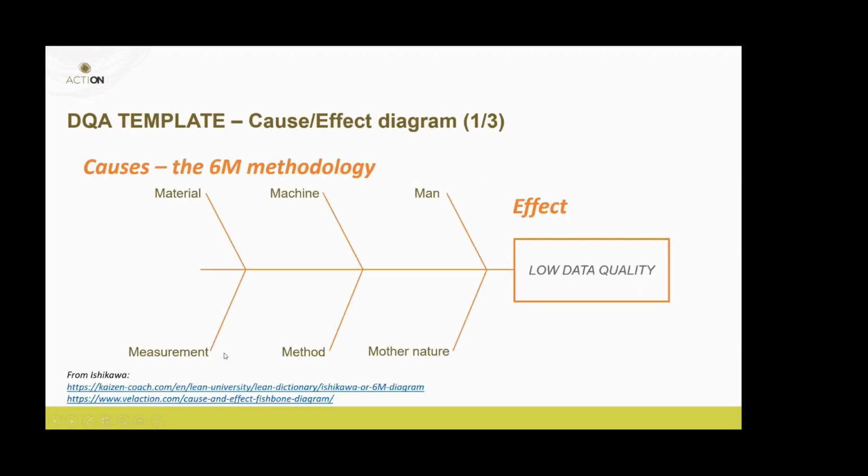So I go on. As far as concerned the first diagram, the cause-effect diagram, this is from a study from the Ishikawa method, which is also called the 6M methodology. This table is in the template I provided to you, but this is another way to represent it. You have 6 dimensions.